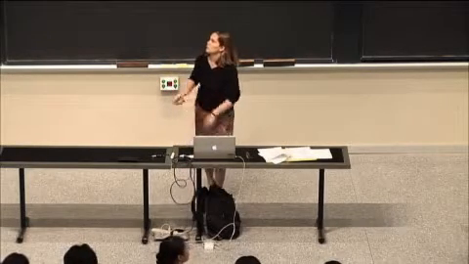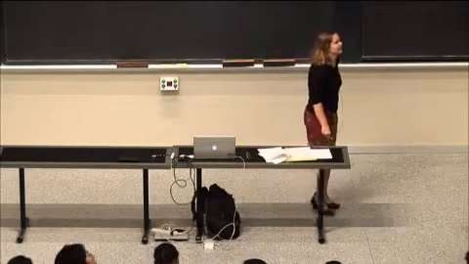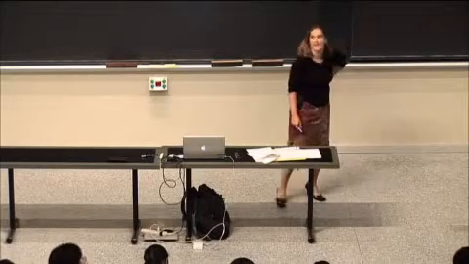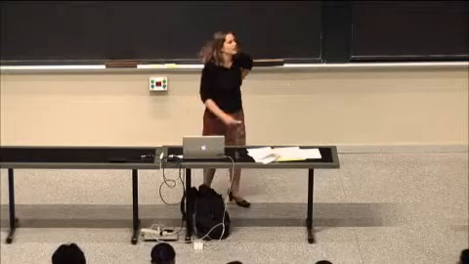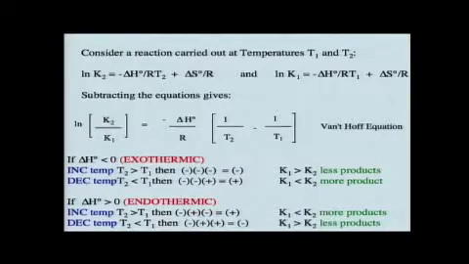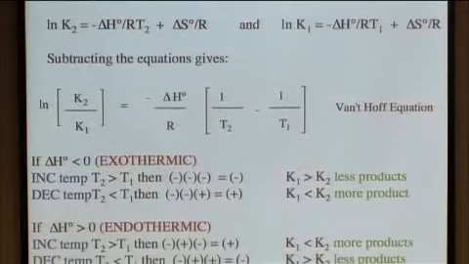So the first one is that the reaction was endothermic. I think everybody saw that as being correct. The second one talked about the equilibrium constant being higher at higher temperatures. We increase the temperature here, and if you work out the math or just think about it, K2 is larger than K1.